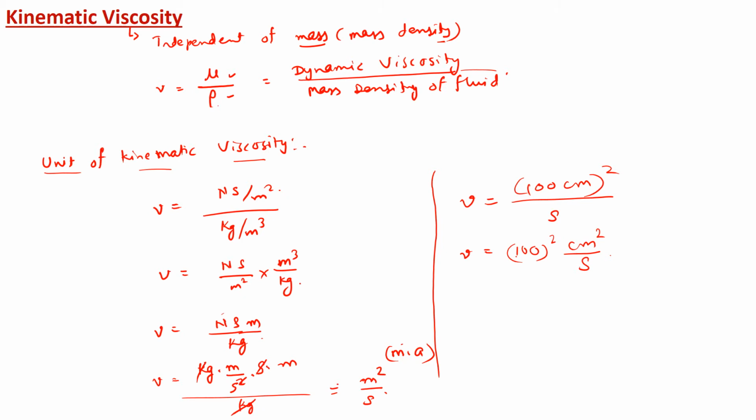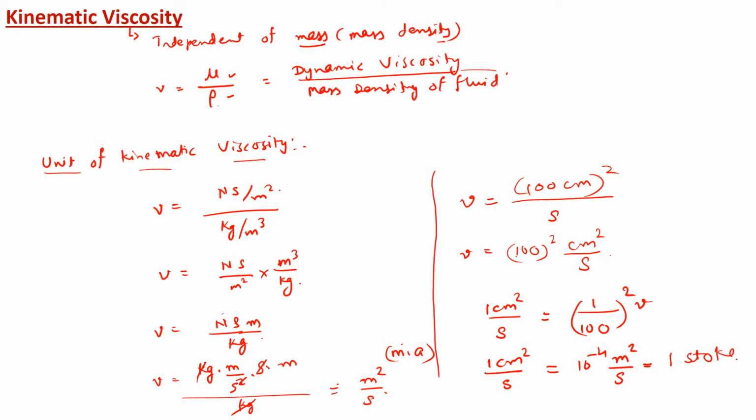So we get 1 centimeter square per second as 1 upon 100 square, or 1 centimeter square per second as 10 raised to power minus 4 meter square per second, and hence it is called 1 stokes. So we can write 1 stokes as 1 centimeter square per second.